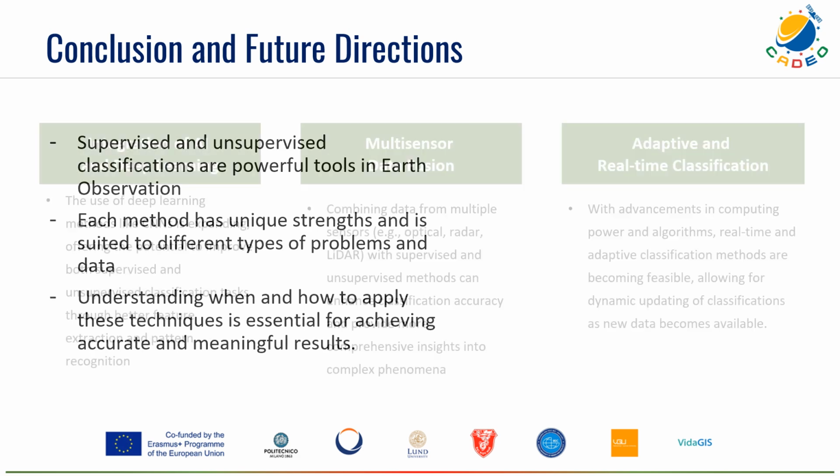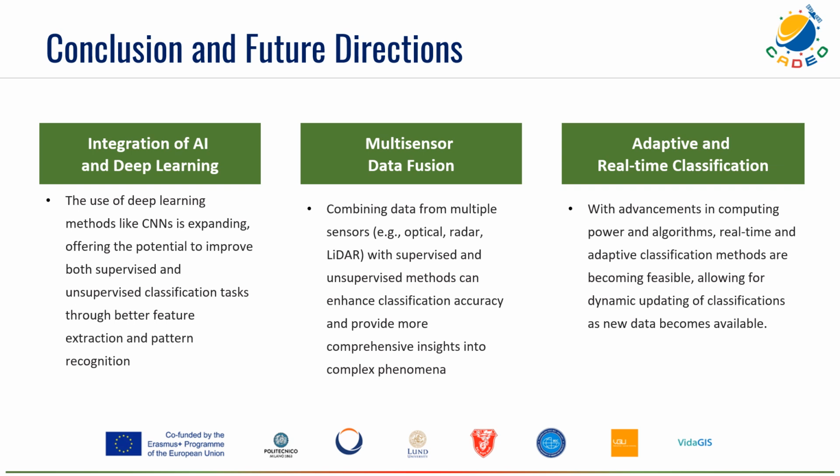In the future, if we talk about the future direction, with the development of AI and deep learning, the use of deep learning methods like convolutional neural networks is expanding, offering the potential to improve both supervised and unsupervised classification tasks through better feature extraction and pattern recognition.